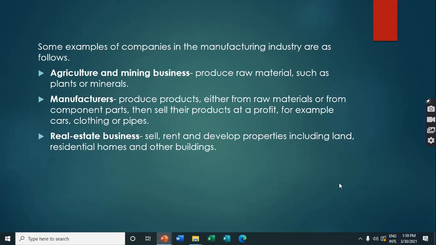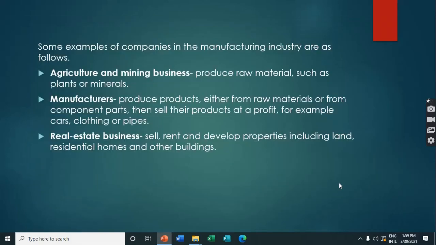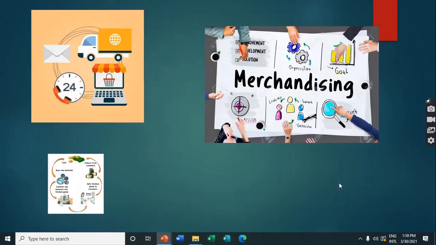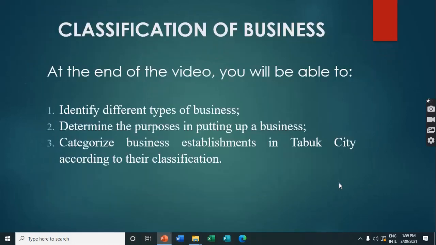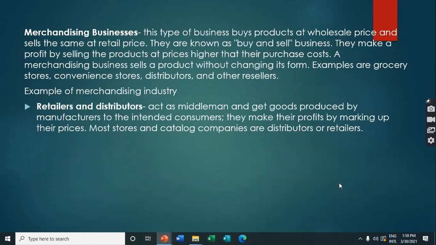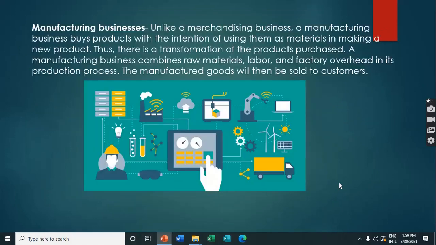Ayan, that is. So that are the three classifications of business, or different types of business. We have service business, manufacturing business, and merchandising business. Pag service business na sinasabi natin, nagre-rendered ka ng services to a customer.